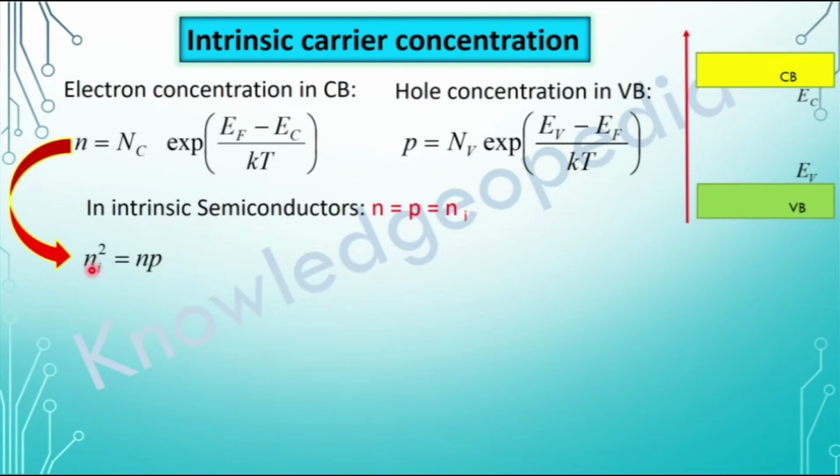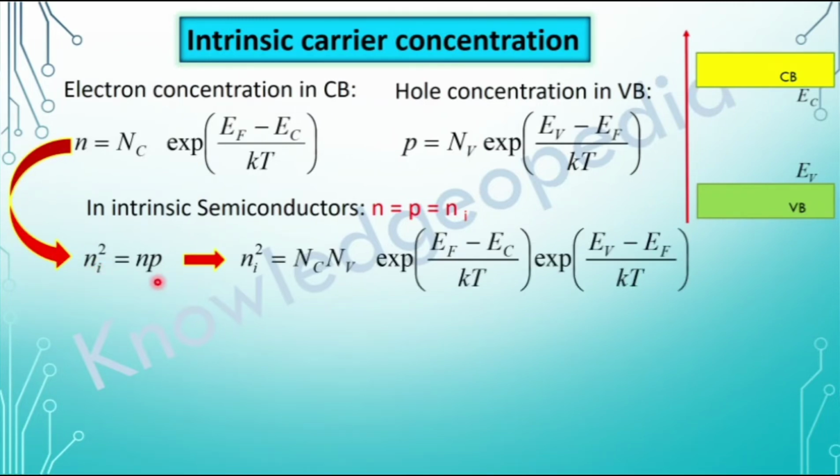Substituting this back into this equation, we can write Ni square is equal to Nc Nv exponential Ef minus Ec by kT into exponential Ev minus Ef by kT. This Nc comes from here, Nv came from here, this exponential Ef minus Ec by kT comes from this expression, and this last term came from this expression.